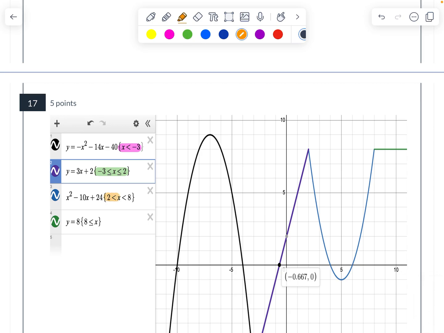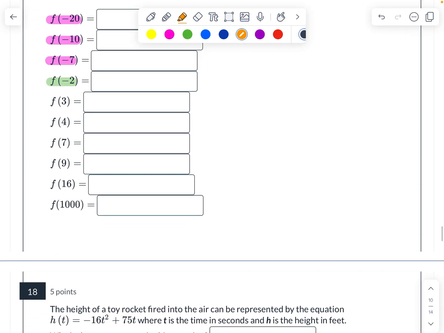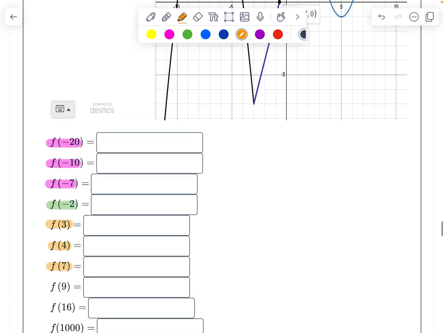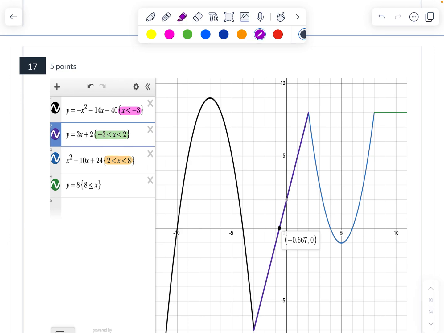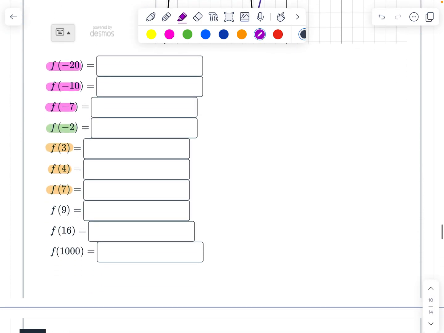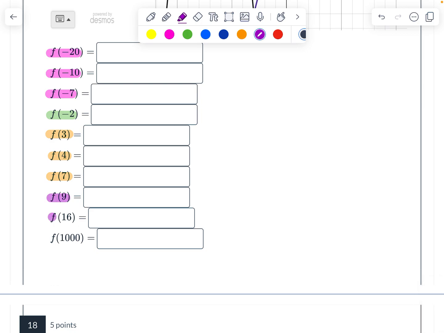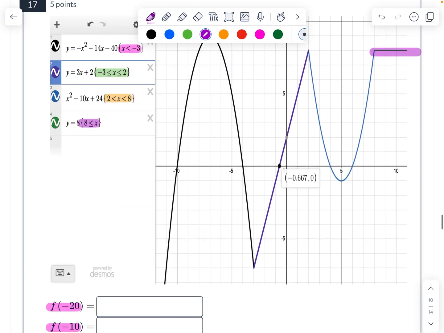This one is between 2 and 8. So that's this one, and this one. And then the remaining piece must be 8 or bigger. And just as a coincidence, it is 8. So that's going to be this, and this, and this. And we know those are going to be 8s. 8, 8, and 8. All right, the -20 is the only thing we're not going to see.